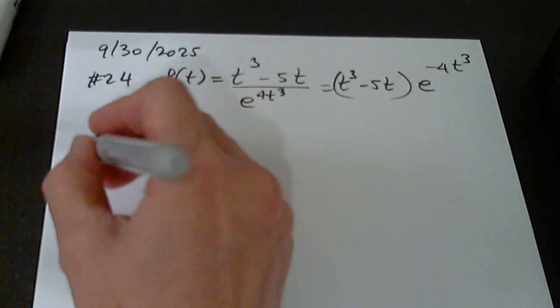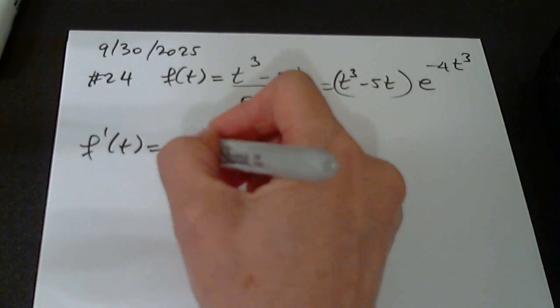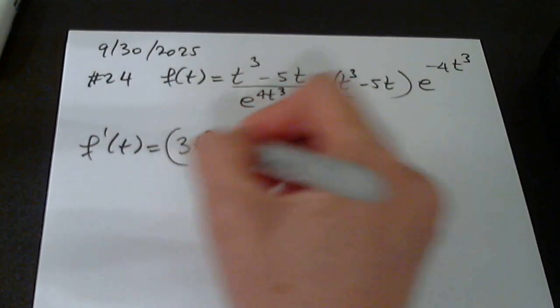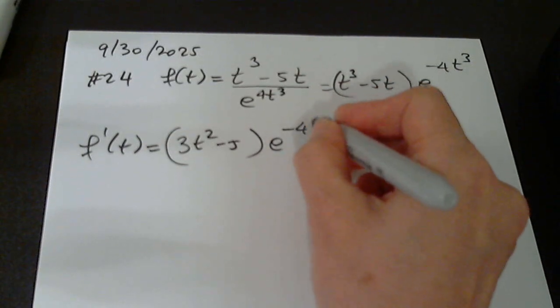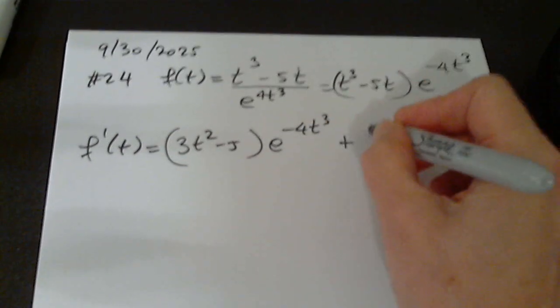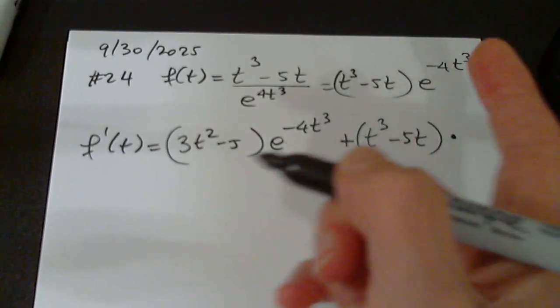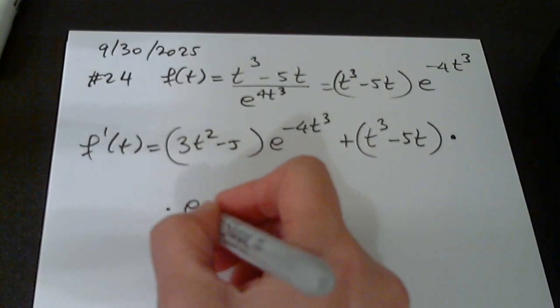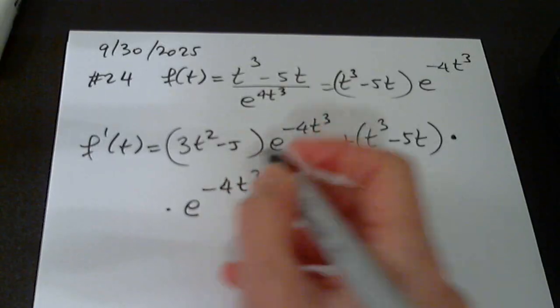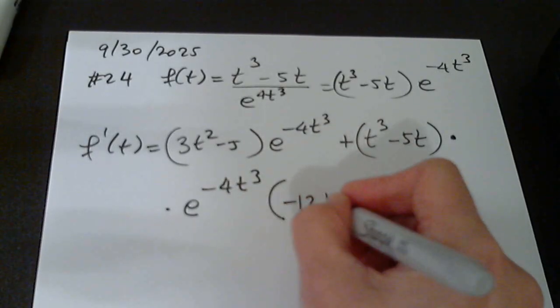Yes. Okay, perfect. So f prime of t. The first function prime, 3t squared minus 5, times the second one, plus t to the third minus 5t times the second function prime, which is e to negative 4t to the third, times the inner function prime.